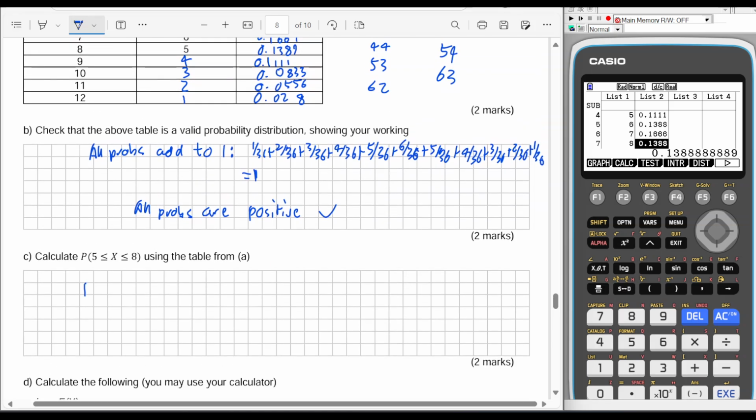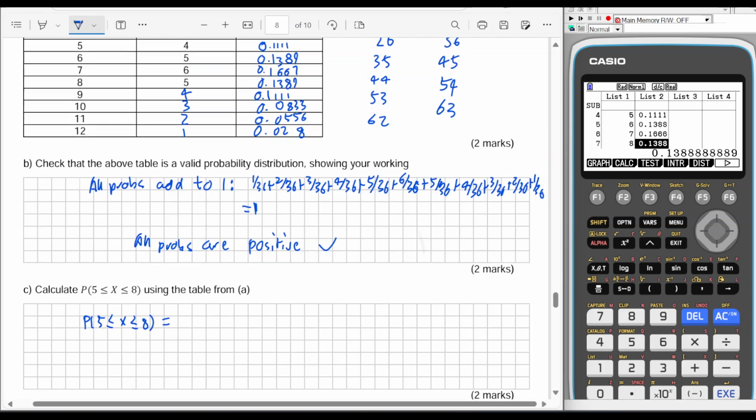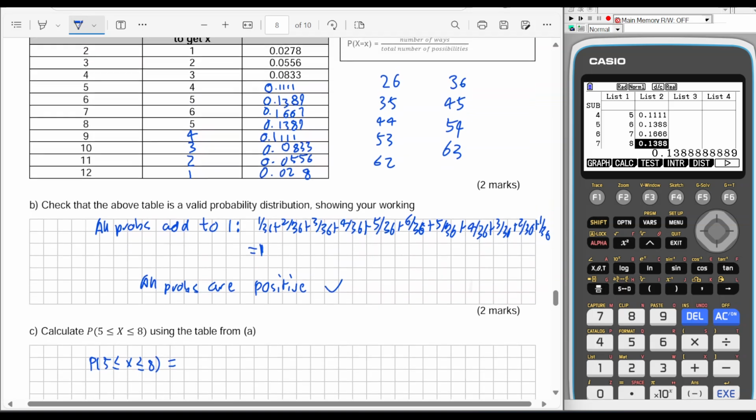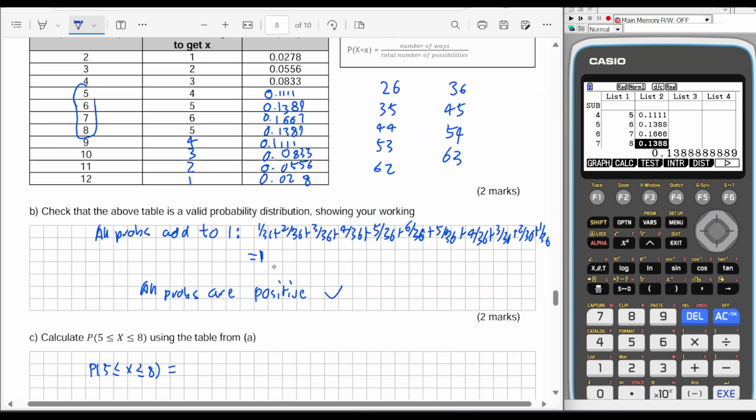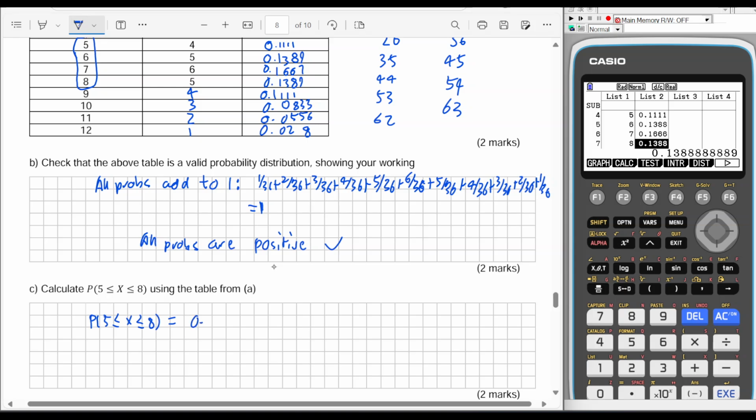So probability that 5 is less than X is less than 8. This is going to be all those individual probabilities added up. So between 5 and 8, so that's 0.1111 plus 0.1389 plus 0.1667 plus 0.1389. And I'm actually going to use the full fraction versions of those.